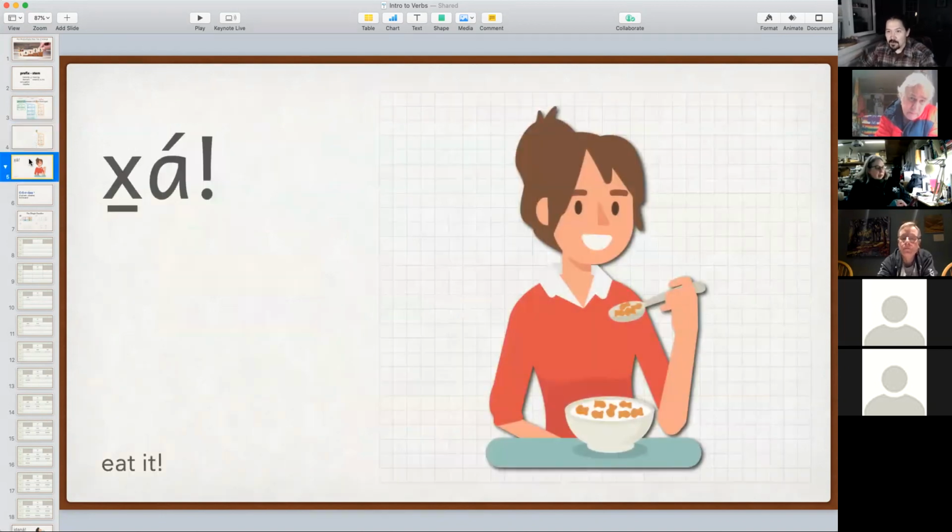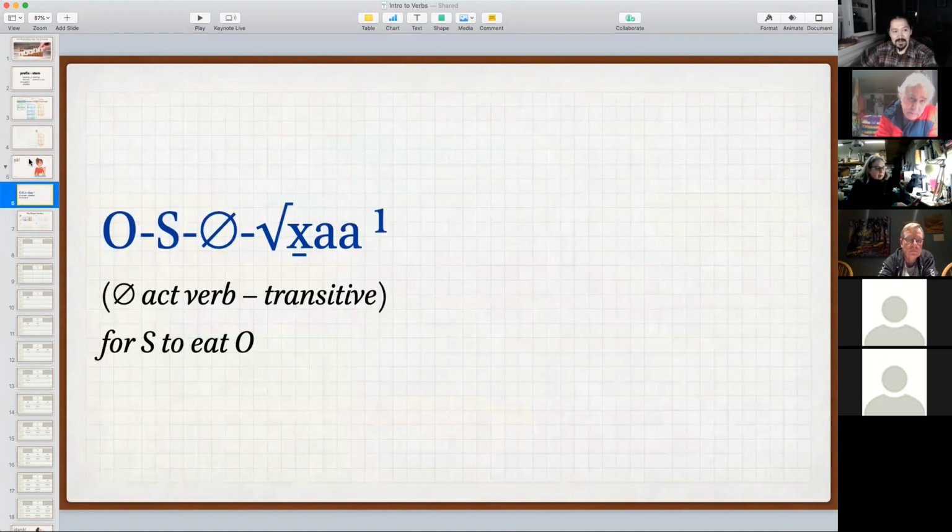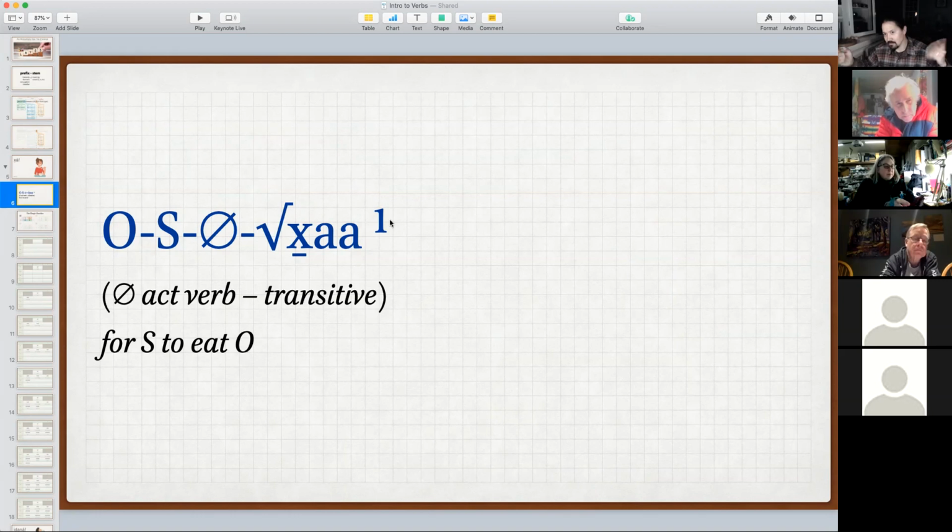So let's take a look at this verb. This is the one we'll start with, eating. So here's what the theme looks like. The theme gives us all kinds of information, right? There is an object. There is a subject. It's a zero group classifier. Cha is the verb root that's open. There's multiple chas. The other one is to paddle, usually with people on both sides of a boat.